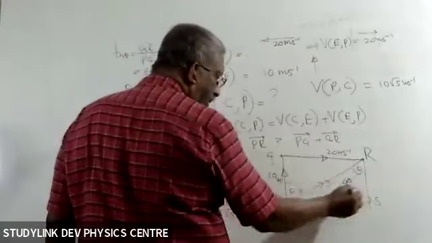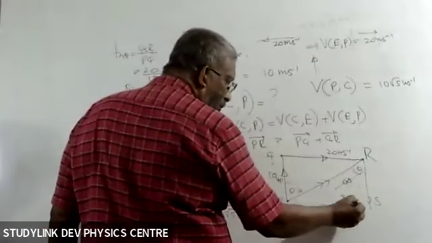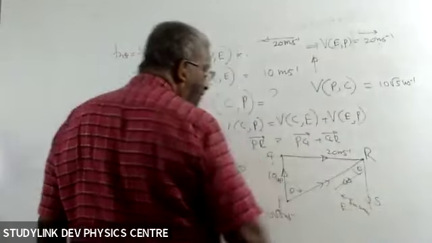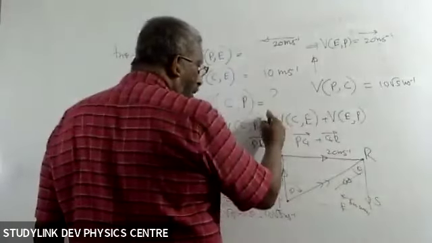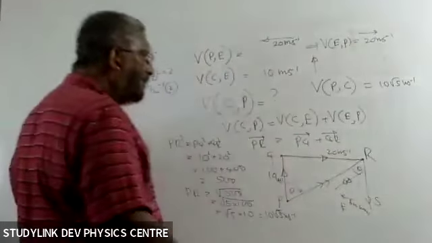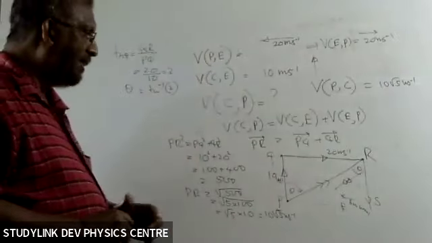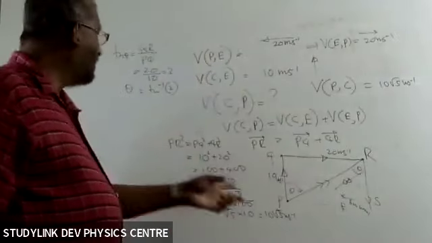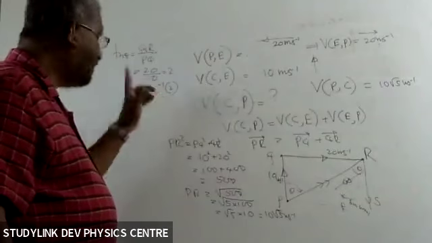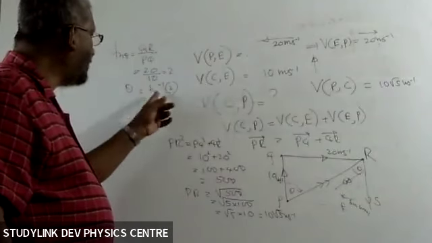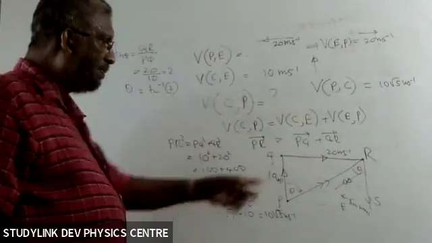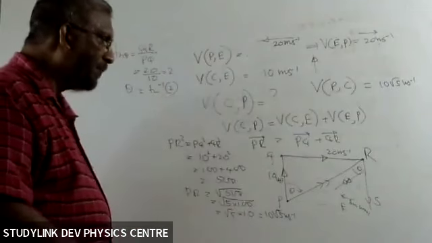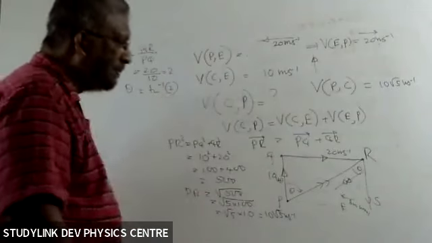This direction is west, south to west. This is north to east. Right. Then the value is the same, tan inverse 2, but the direction is from south to west.